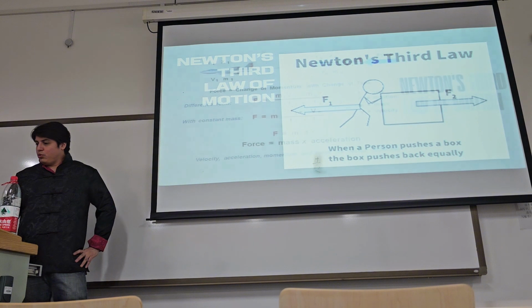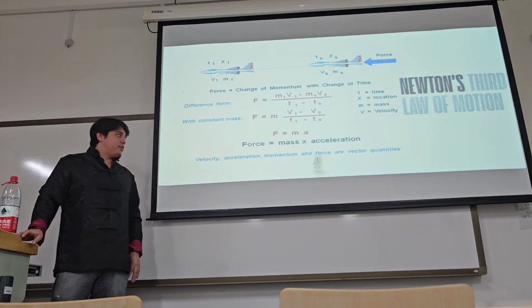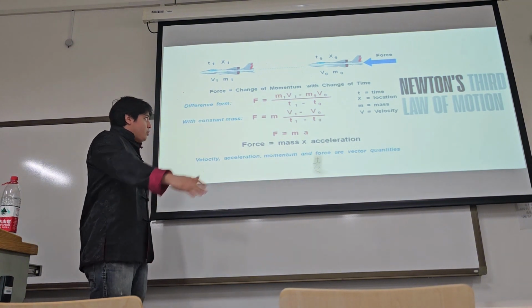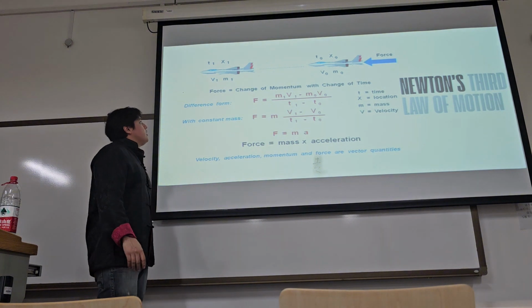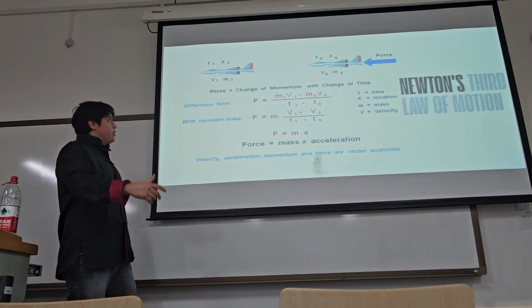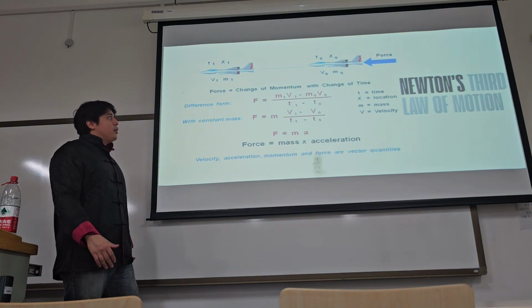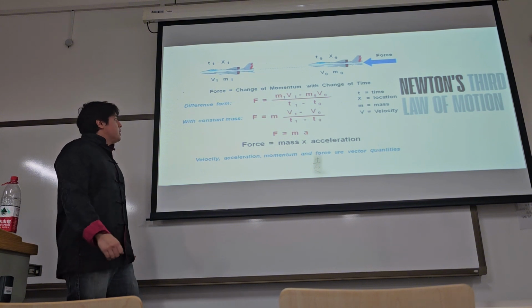So, to go further in depth into Newton's third law of motion, we can see the equation here, which simply put, is the force equals a change of momentum over a change of time.